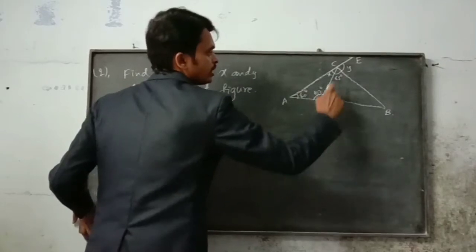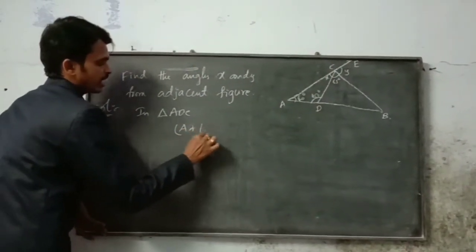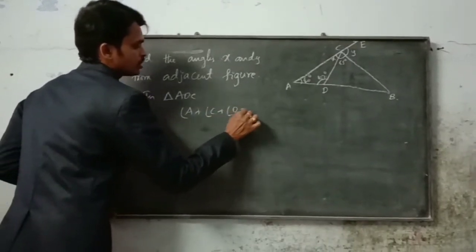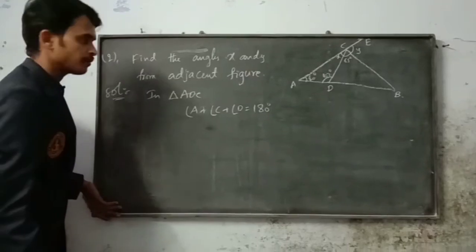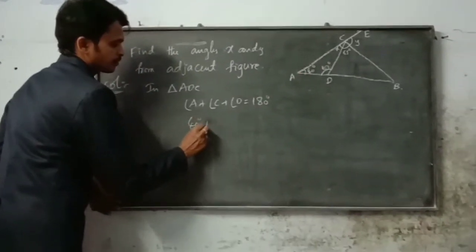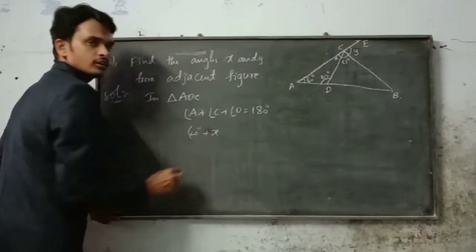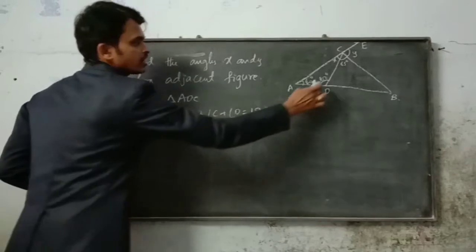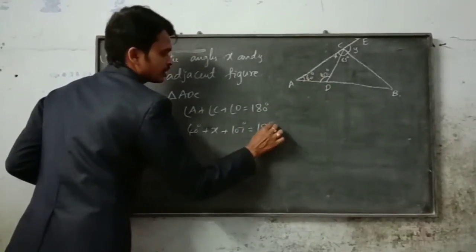Angle A plus angle D plus angle C is equal to 180 degrees. Obviously this is the angle sum property of a triangle. Angle A value we know is 40 degrees, plus angle C is x, which we have to find out, plus angle D is the given 107, is equal to 180 degrees.